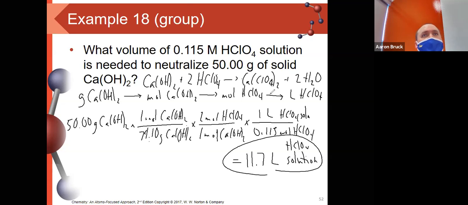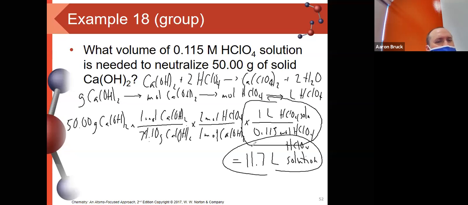I can turn the moles of the calcium hydroxide into the moles of the perchloric acid. And then the last step, going from moles to liters, that's where that molarity came in. Again, you could have stopped there, used the molarity equation to figure out your liters, or use the molarity as a conversion factor like I did. Either way, you'd end up with 11.7 liters of this particular acid solution.